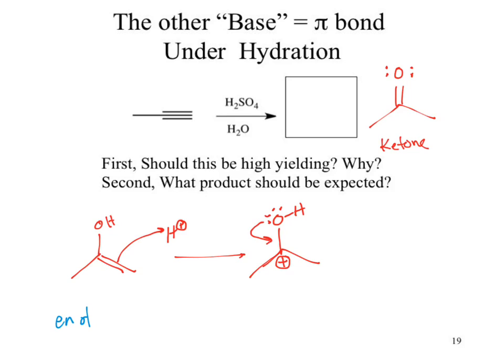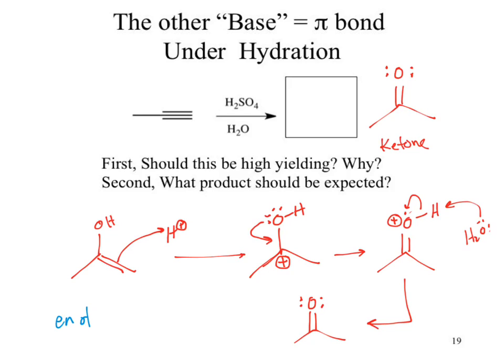The oxygen lone pairs. And we end up shifting then to this structure with our positive charge on the oxygen. Does the oxygen want to be positively charged? No, so it steals the electrons from our hydrogen. Water or something else in our solution picks up that hydrogen, and we would end up with our final product of our ketone.